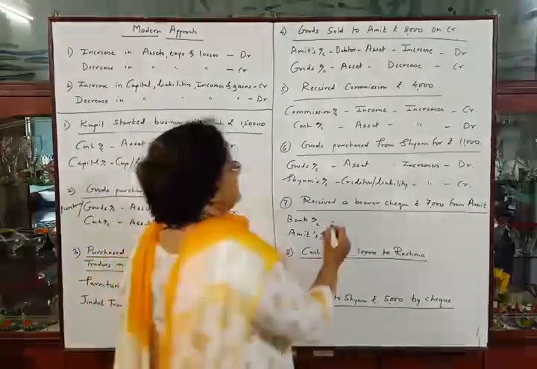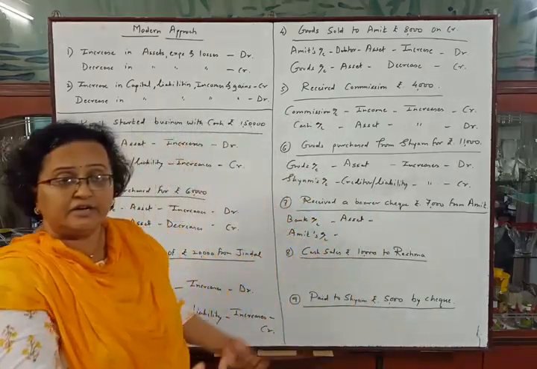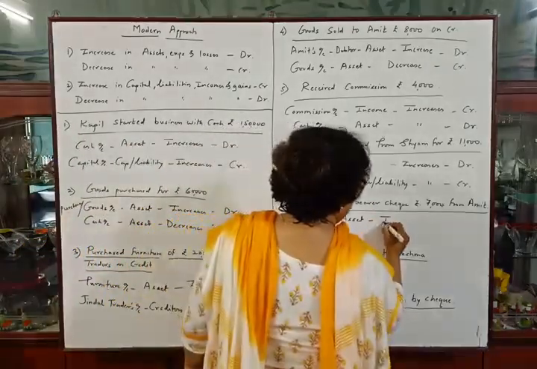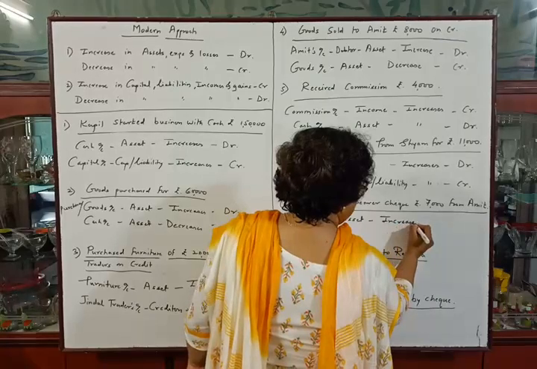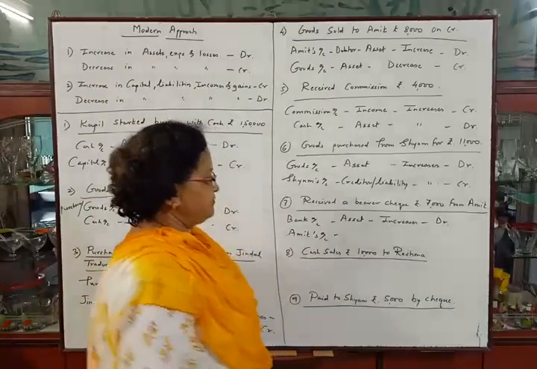It will be our asset, and after depositing the check our bank balance will increase, so increases. It should be debited because increase in asset should be debited.